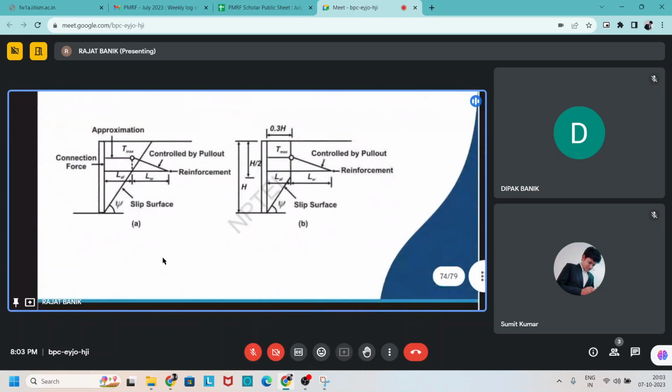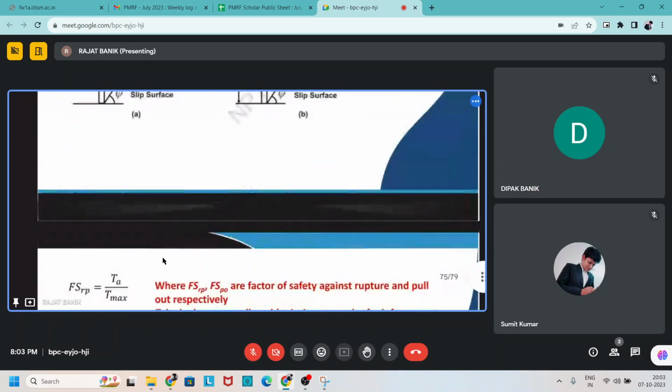Another arrangement is given for different failure zone modes. The first one is for geosynthetic, the second one is for metallic reinforcement.